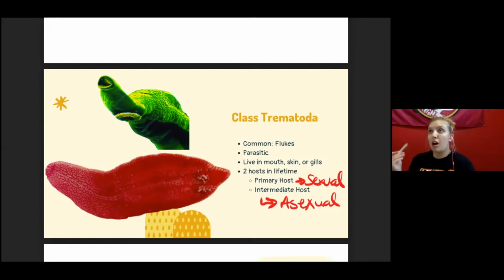If we think about the life cycle that we're going to get for our flukes on Thursday, it is the liver fluke, and their primary host is cows. Their intermediate host are snails. So what happens is the snails will leave behind some flukes on grass. The cows will eat the grass.